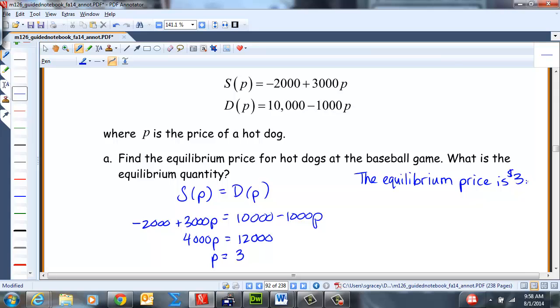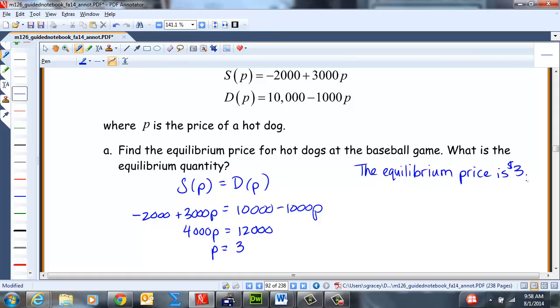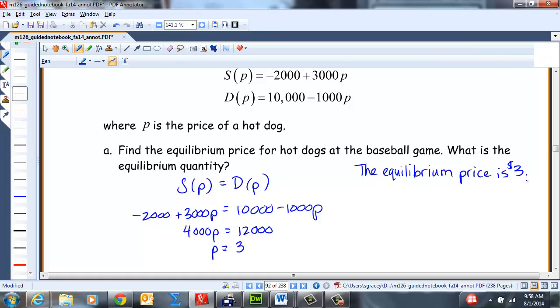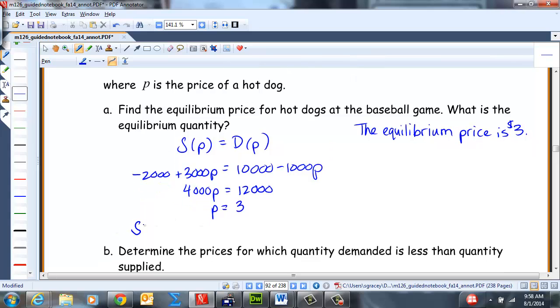Now they also asked us to find the equilibrium quantity. So for this one, let's go ahead and plug in P to the supply. All right, so if I evaluate S at 3, I will get negative 2,000 plus 3,000 times 3, and that's going to give me negative 2,000 plus 9,000, which is 7,000.